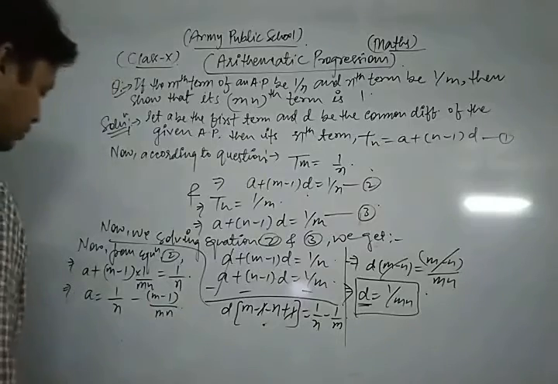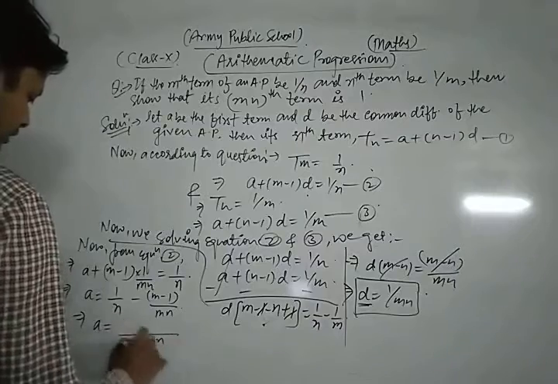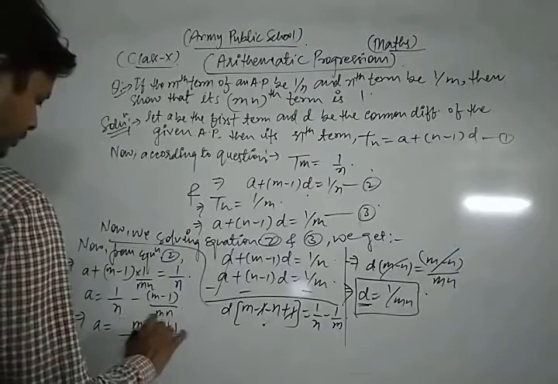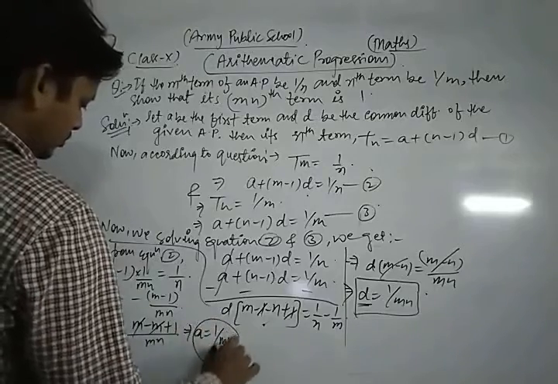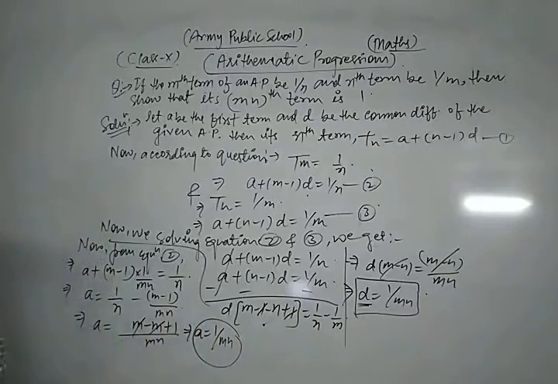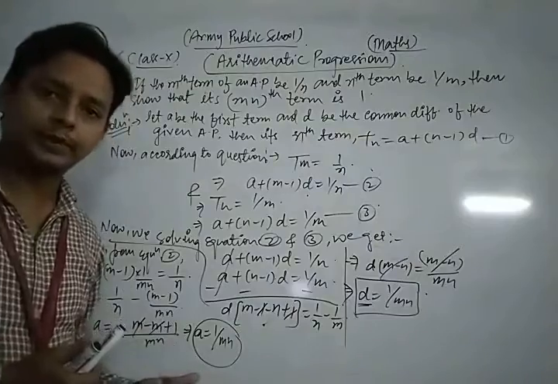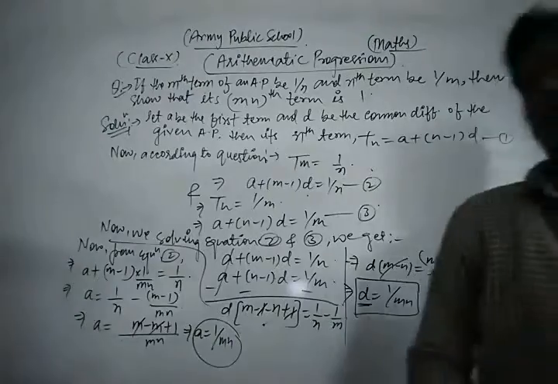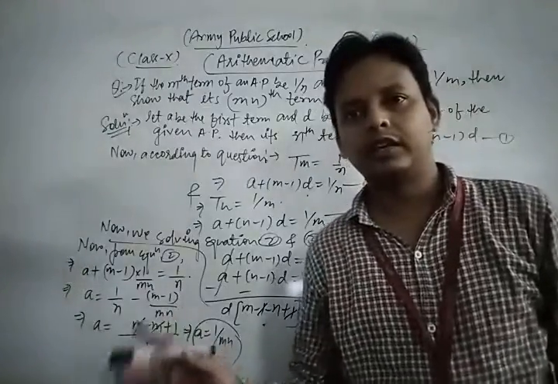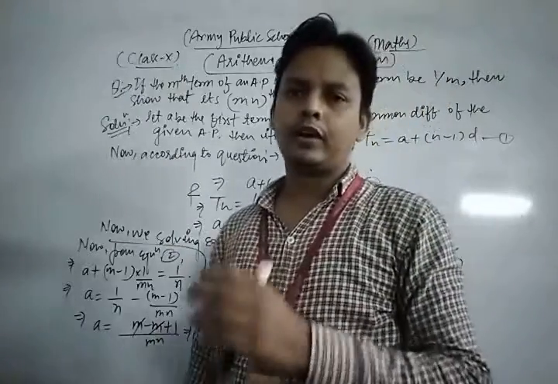Taking mn common, that is m minus m plus 1, so the m terms cancel each other, and the value of A is also 1 upon mn. So in this way, dear friends, we find the value of A as well as the value of D.